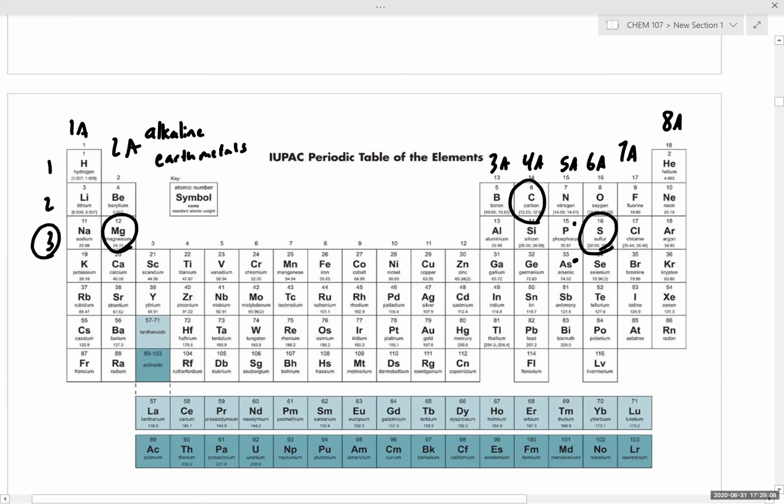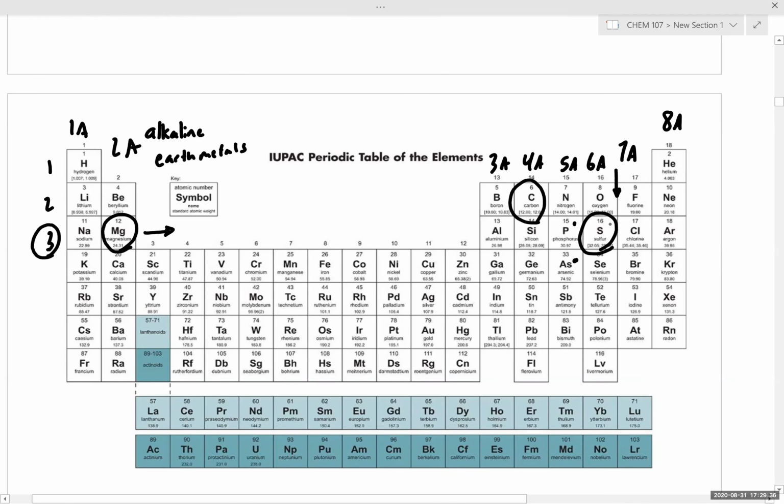So we go to the third period, the third row in our periodic table, and we're looking for a group number 6A. So we go to the sixth column in the periodic table, or more specifically, the column with the group 6A designation. And then we trace across from the third row all the way to our sixth column, and that gives us sulfur.